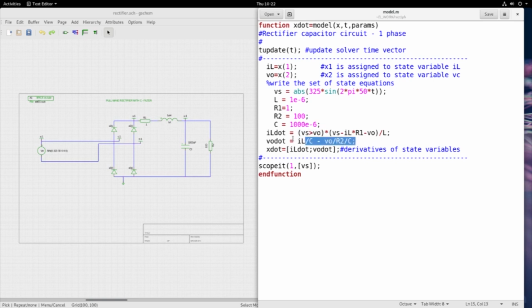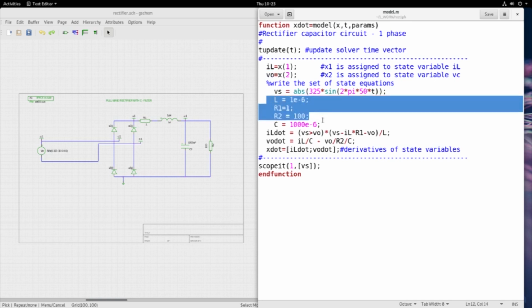The other equation is pretty straightforward. C dV0 by dt is equal to IL minus V0 by R2. So that is what I have written here. After these two equations, you define the X dot array, which is IL dot and V0 dot, and the X that is passed as input parameter defines the IL state, that is the inductor current state, and the voltage across the capacitance state.